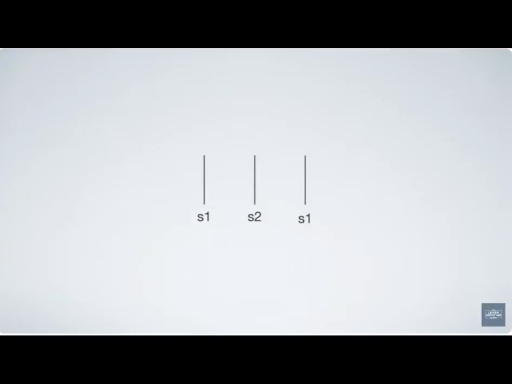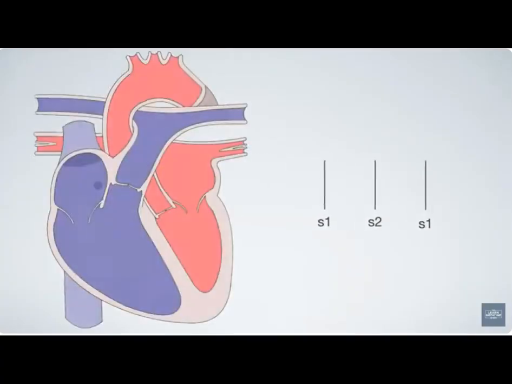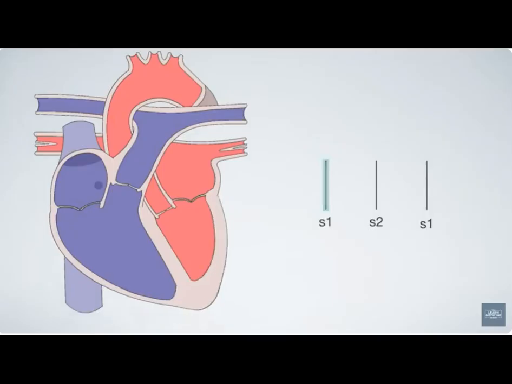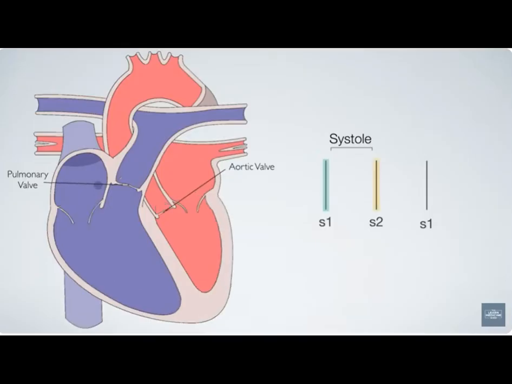Let's now take a closer look at what causes the S1 and S2 heart sounds. The S1 heart sound occurs when the tricuspid and mitral valves close simultaneously. This is followed by ventricular contraction, otherwise known as systole, and this forces blood through the pulmonary and aortic valves. And the S2 heart sound occurs when the pulmonary and aortic valves close.